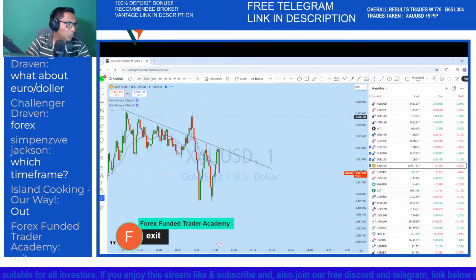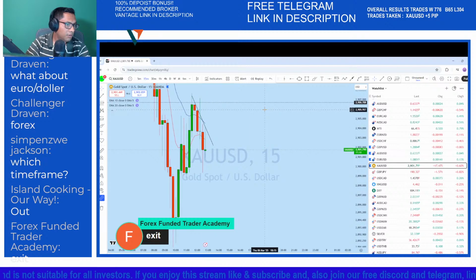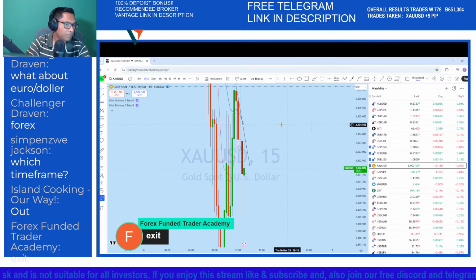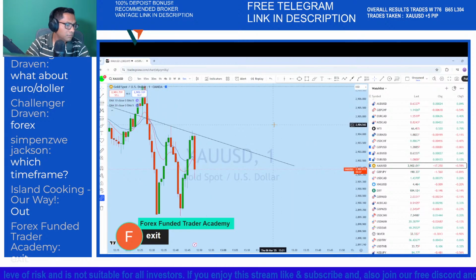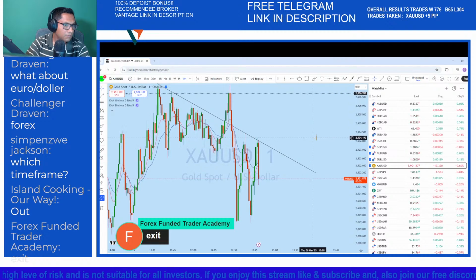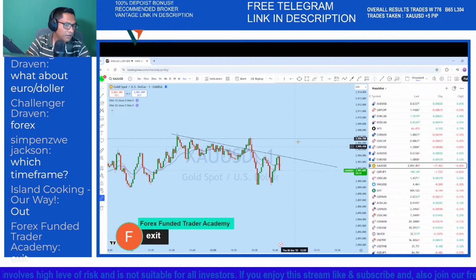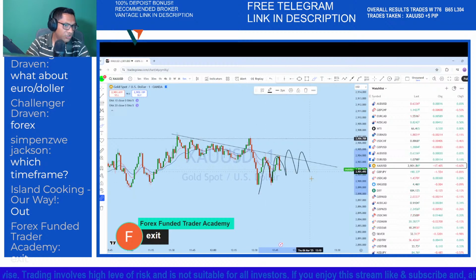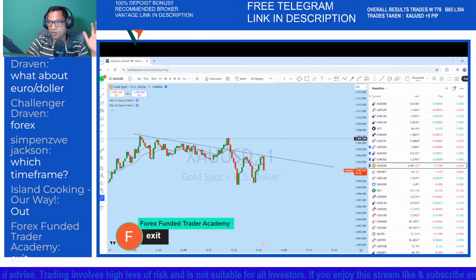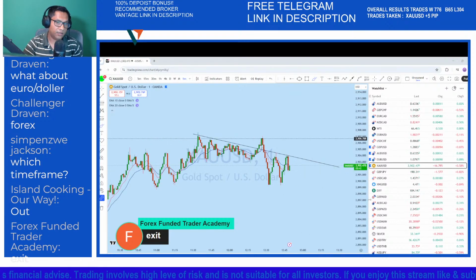Therefore, once we see that it's on the level that we can look for, now you can see here a move, pullback, another move. So the market is basically sideways, in a range at the moment. So let's look for the next opportunity on another instrument.